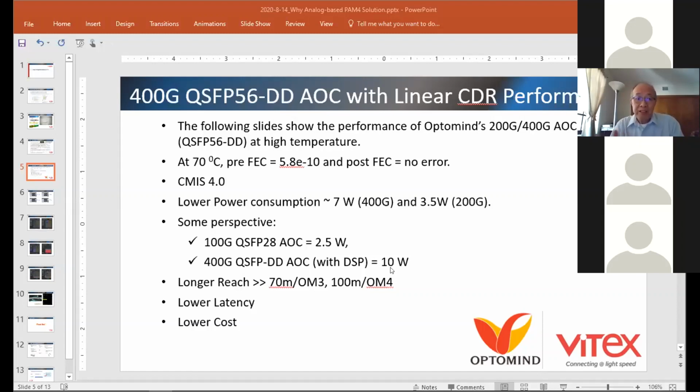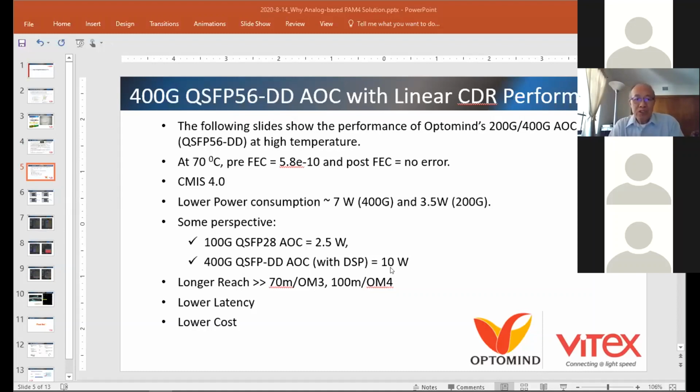And the product, our partner's product, would also be CMIS 4.0 compliant. And the power consumption is pretty low, as the chipset promises. For 400G it is about 7 watts, and for 200G it is half of that, 3.5 watts. I want to give you some perspective to compare these numbers.